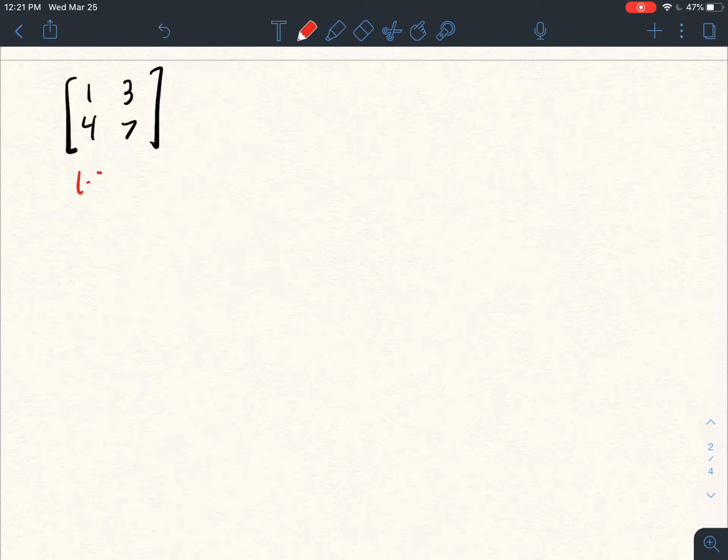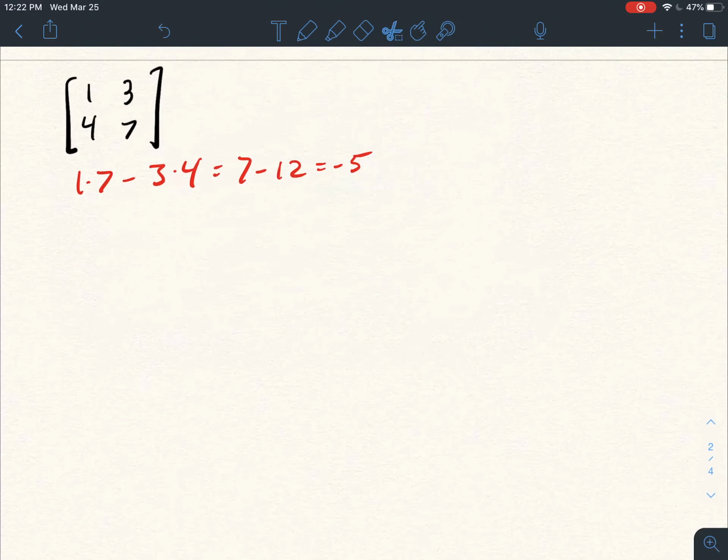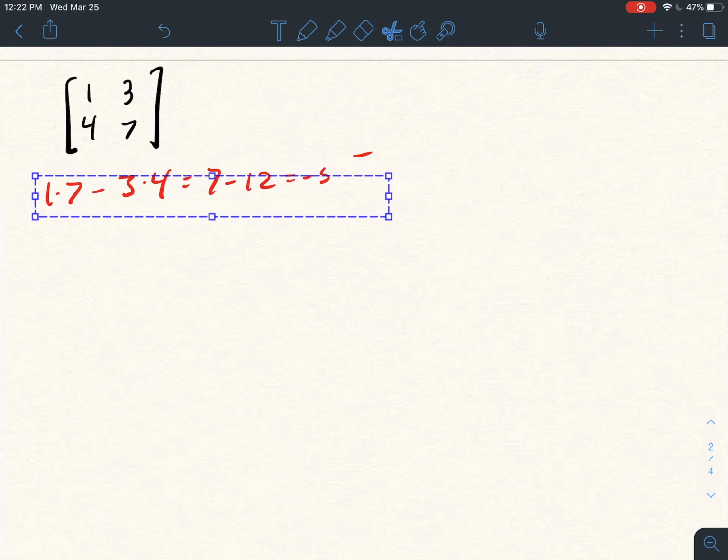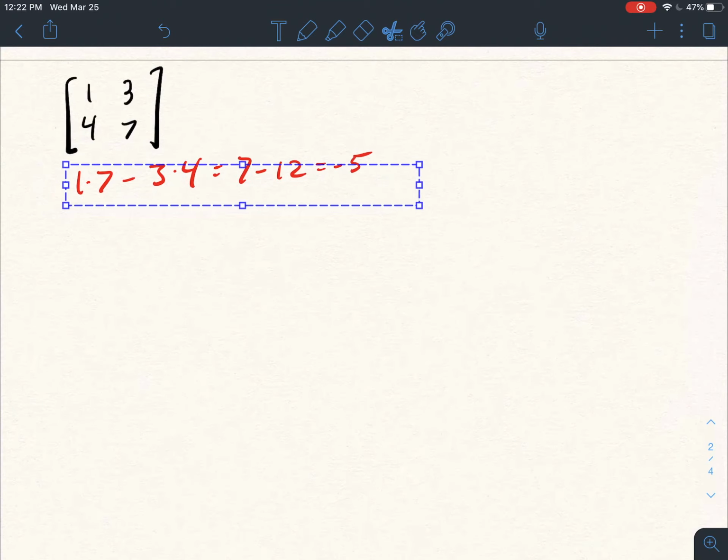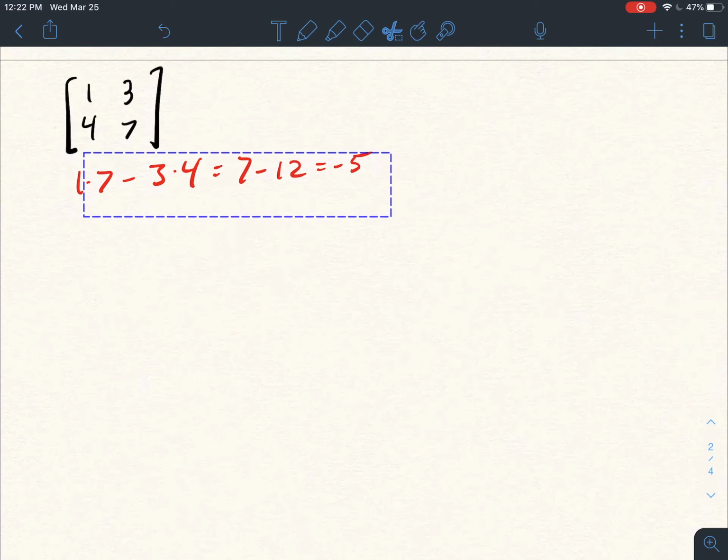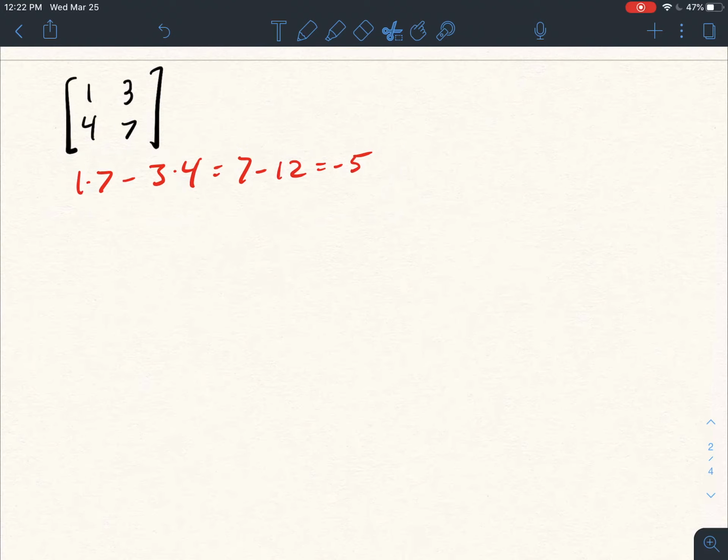So 1 times 7 minus 3 times 4 is 7 minus 12, which is negative 5. That's great. That tells us that this matrix is invertible.